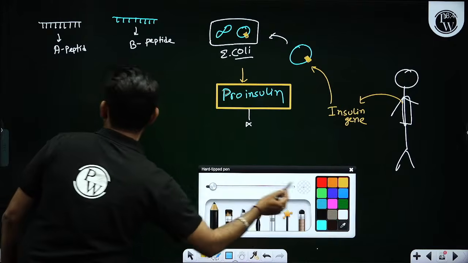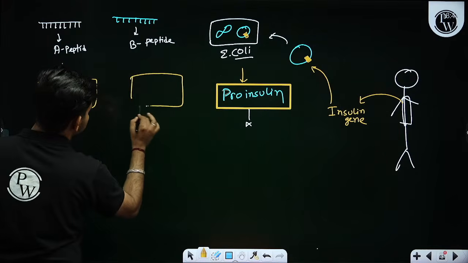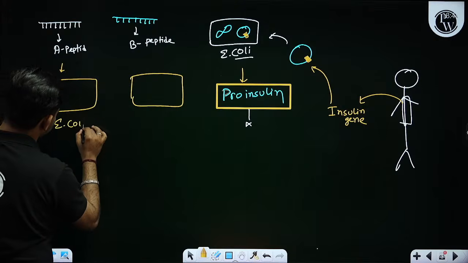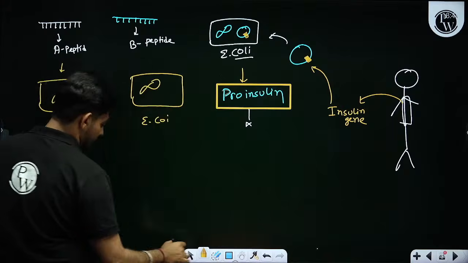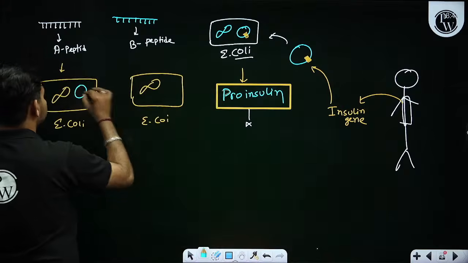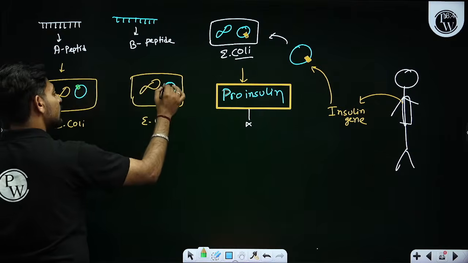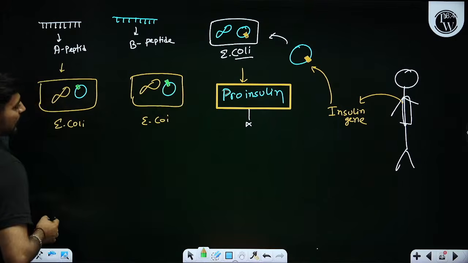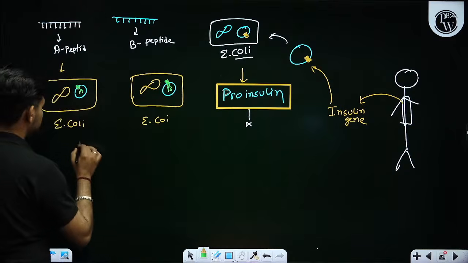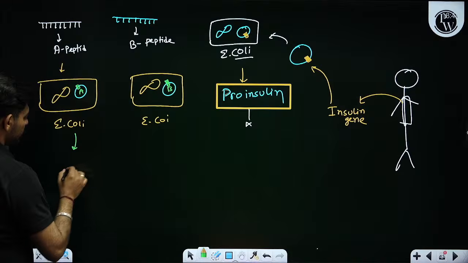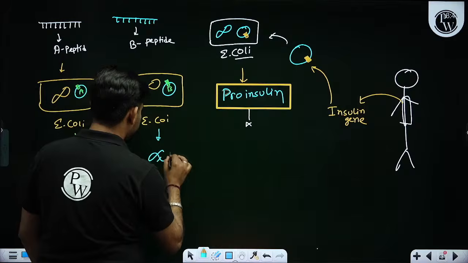Now if you incorporate these two genes into two different E. coli bacteria with the help of plasmids, one containing the A peptide gene, the other containing the B peptide gene, this E. coli bacteria will produce the A peptide for you, and this E. coli bacteria will produce the B peptide for you.